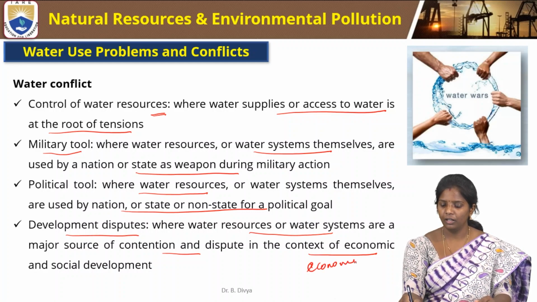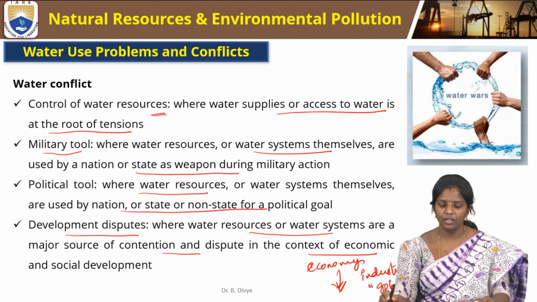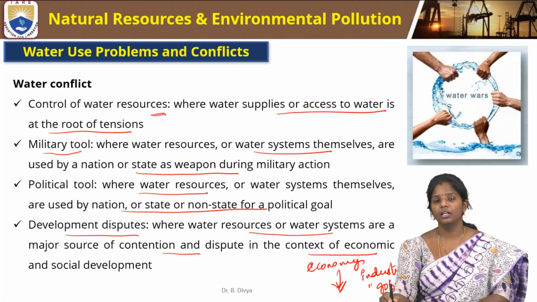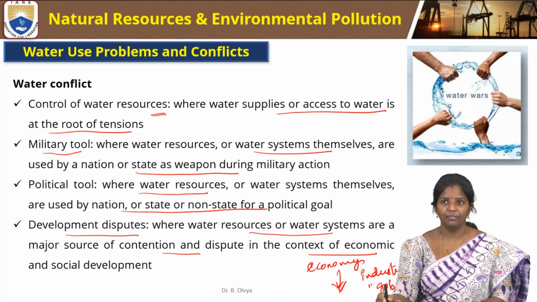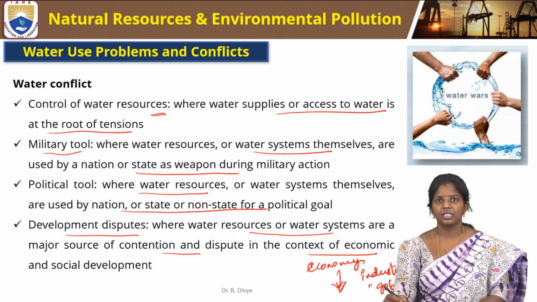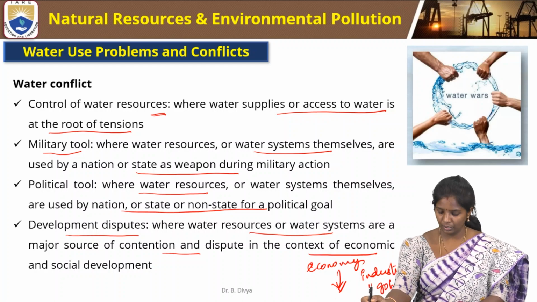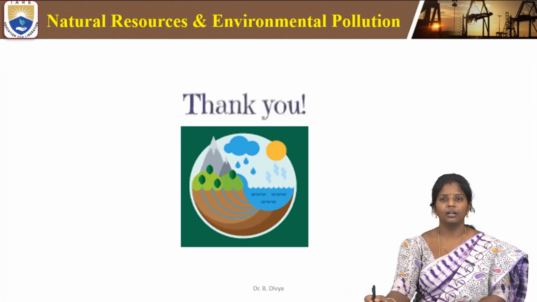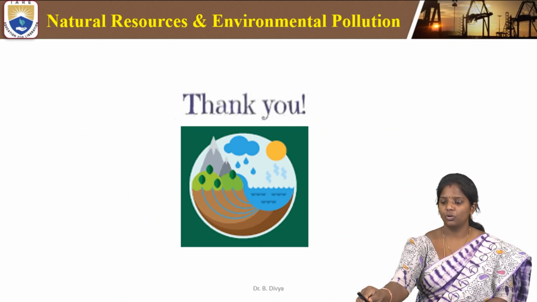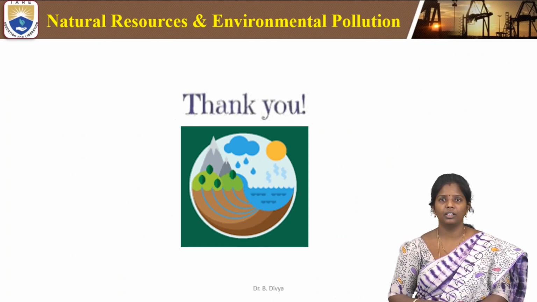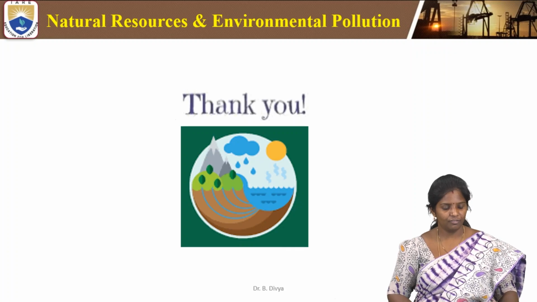Because of water shortage, the industries will go back, and that will affect social and economic development. These are the problems we will face if we keep on using water for many purposes. Overuse has to be avoided so that we avoid these conflicts.